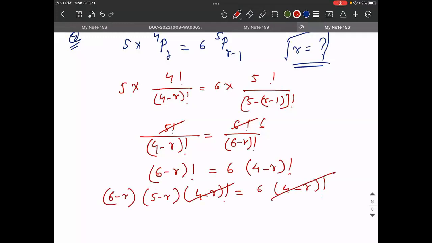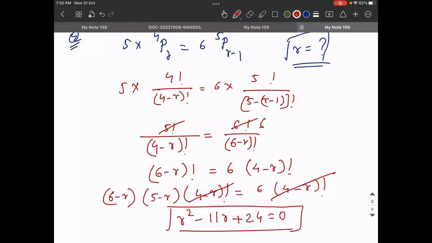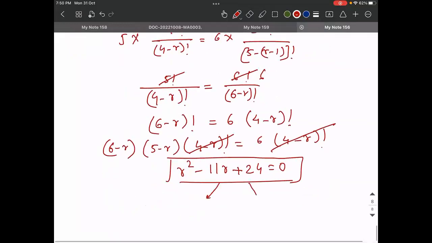You multiply this, you will get r square minus 11r plus 24 equal to 0. Solve this equation, you'll find two values of r. So r will be equal to 3, r will be equal to 8.